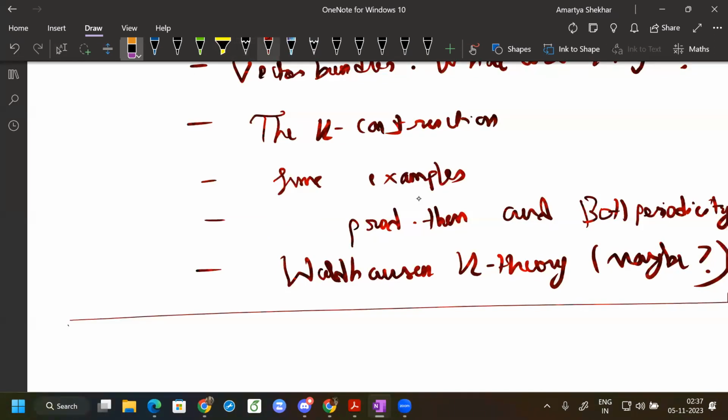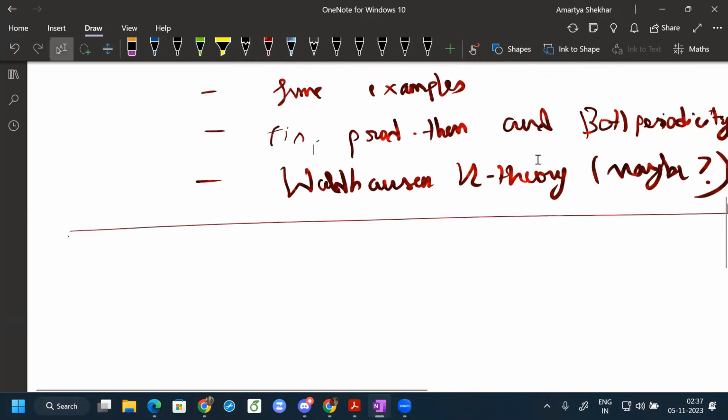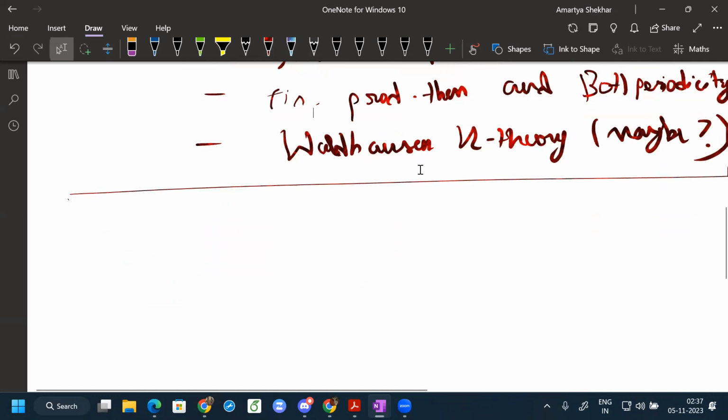After examples, we'll talk about the product theorem, about periodicity, and maybe towards the end, depending on time, I'll try to finish before time so that we can have some time for discussion, but we'll see how it goes.